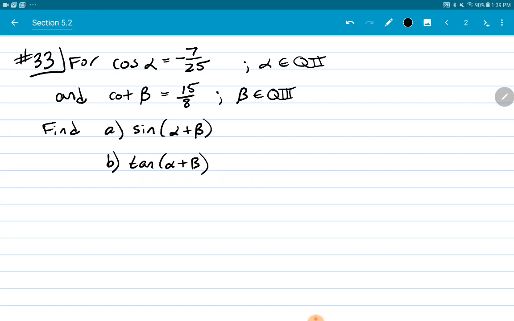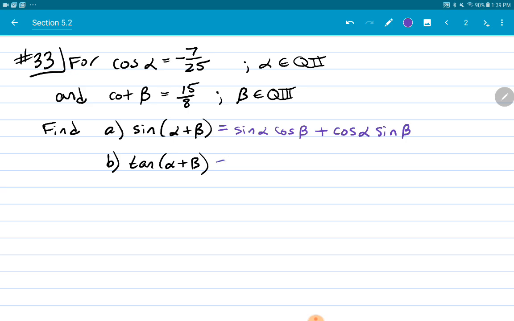So first of all, let's look at our formulas that we got from the identities for sine of alpha plus beta and tangent of alpha plus beta. So let's recap on that. For sine of alpha plus beta, we have sine of alpha and alternating functions for beta, same sign plus, and then alternate function, that's our formula for sine.